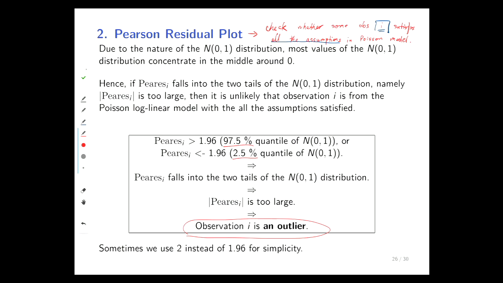So that means those i's possibly do not satisfy the model assumptions.